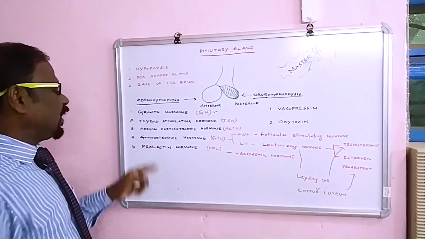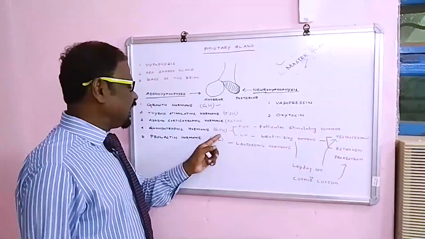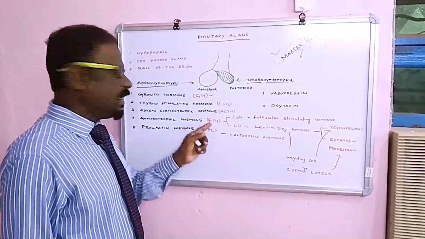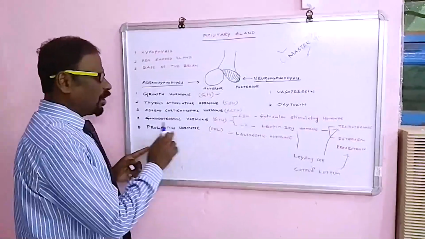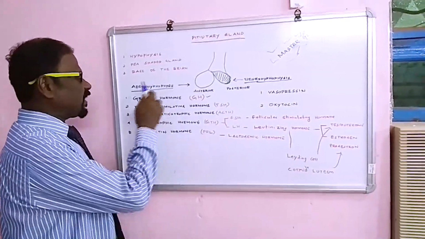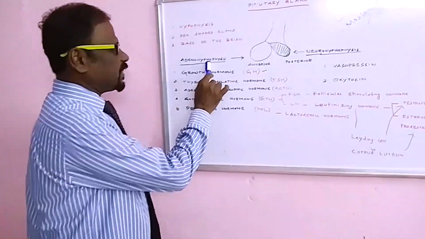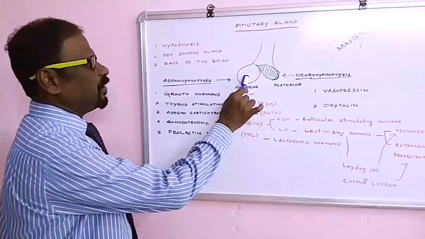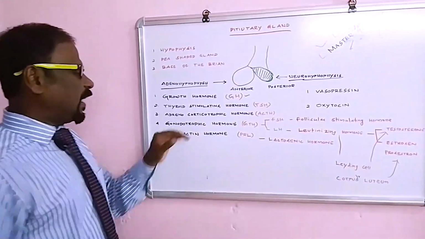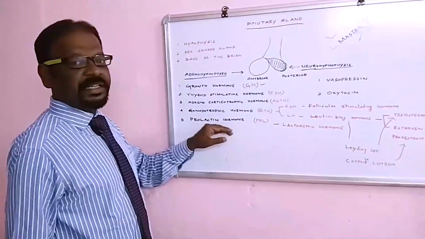Another one is the gonadotrophic hormone, GTH. It is a sex hormone, we can say. And the last one is the prolactin hormone, PRL. So these are the five hormones secreted from the adenohypophysis, the anterior lobe of the pituitary gland: growth hormone, thyroid stimulating hormone, adrenocorticotrophic hormone, gonadotrophic hormone, and prolactin hormone.